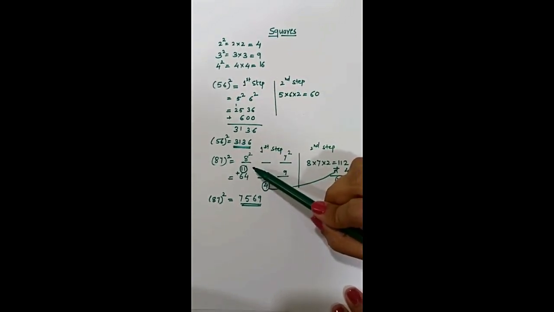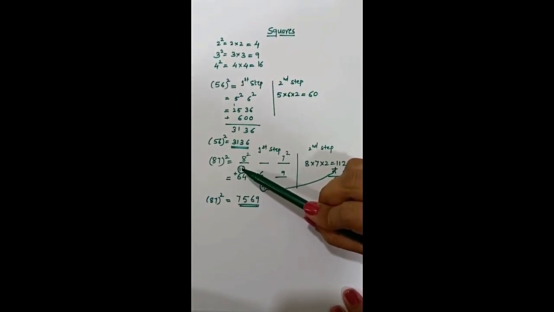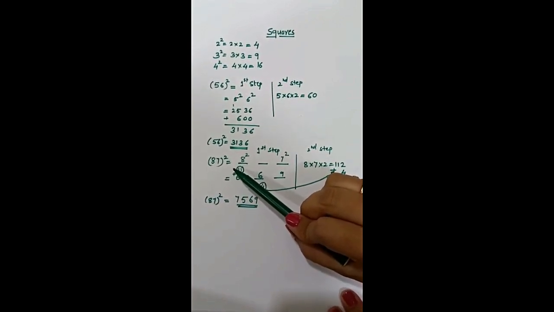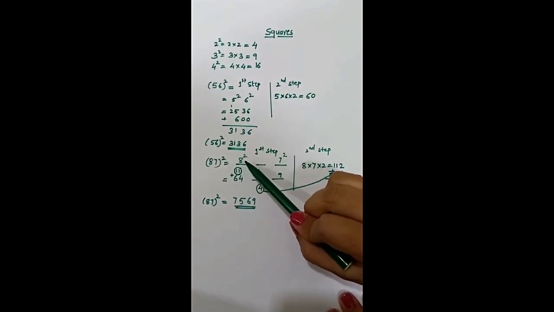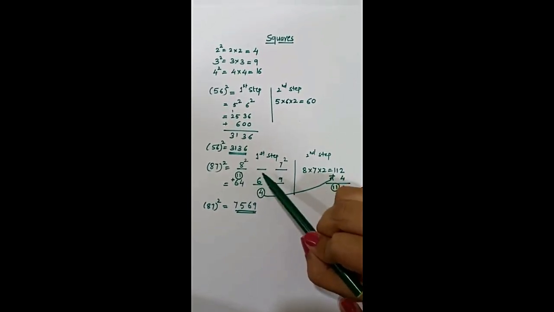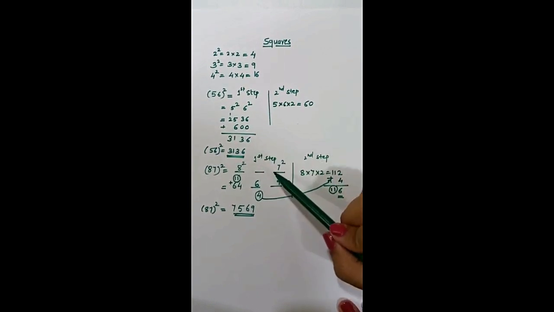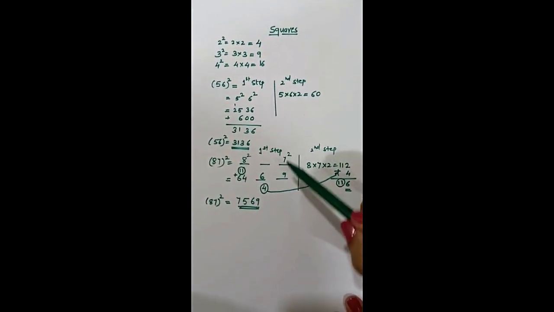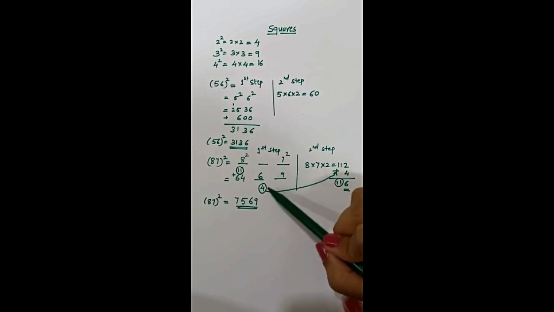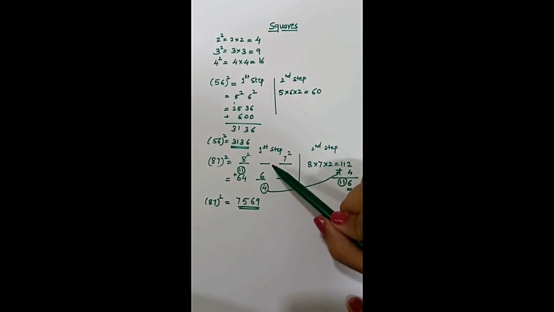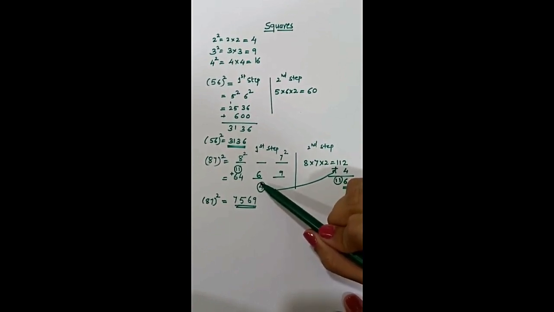There is another method to determine the square. For example, 87 square. In the first step, again I write the first digit square and the second digit square, leaving one place in between. 7 square is 49, so I take 9 and carry over 4 to the second place.